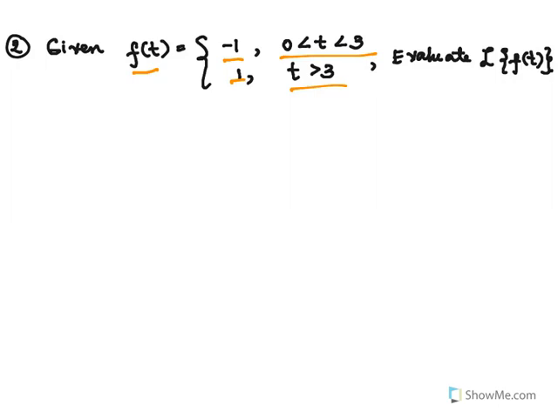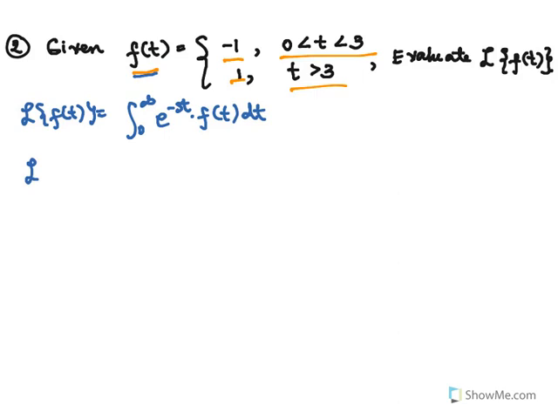So from our definition, we know that again, the Laplace transform of a function f of t is equal to the integral from 0 to infinity of e to the negative st times f of t dt. However, our given function is not continuous, meaning it is not just a single function representation for values of t from 0 to infinity. Therefore, we have to have two separate integrals to evaluate the Laplace transform of this given function.